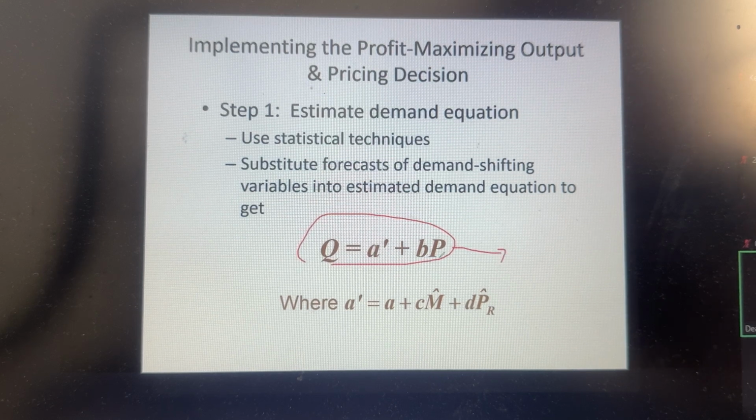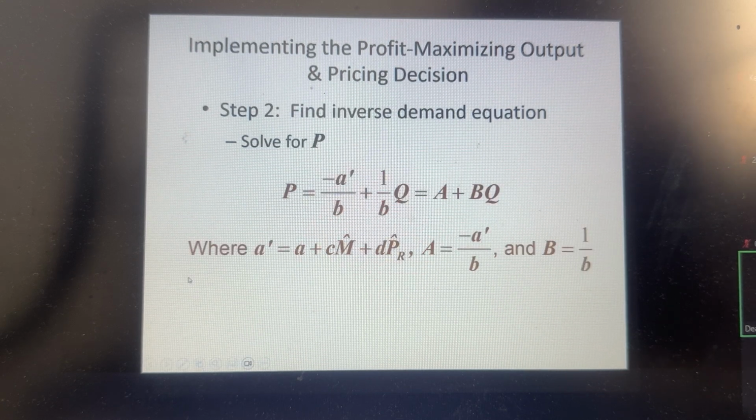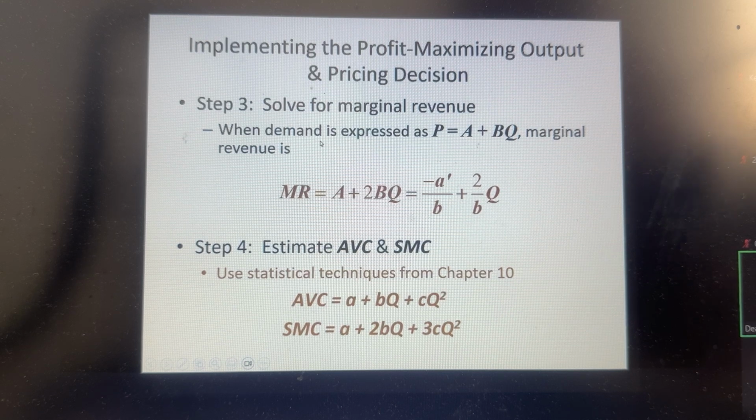That means you need to solve this equation for P, with Q brought here. That is inverse demand. After this, step 2 is to find the inverse demand curve. I already said, solve the given demand equation for P, and after that, solve for the marginal revenue.